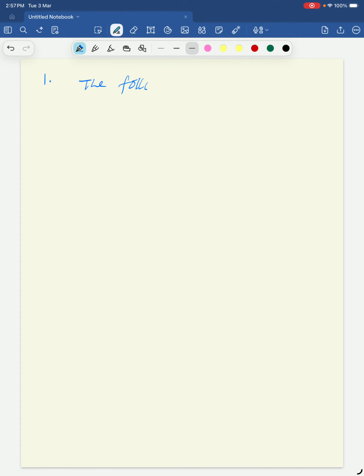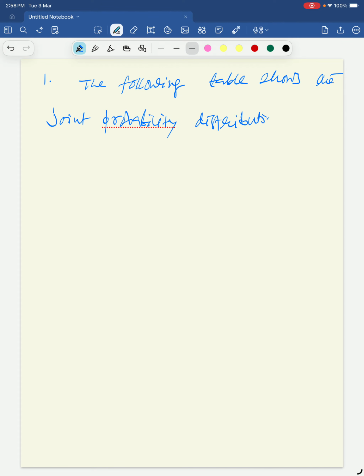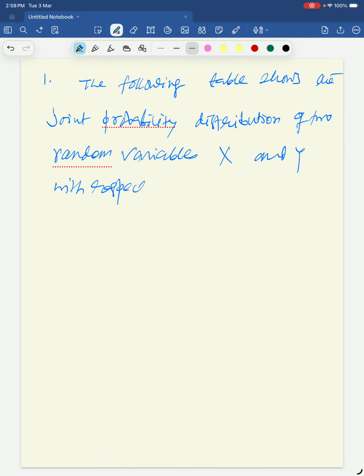The following table shows the joint probability distribution of two random variables X and Y with respective values xi and yi.